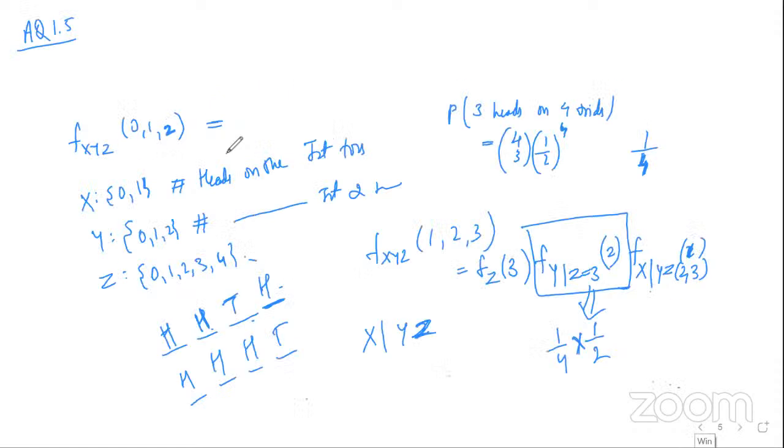I have a question on the way the problem was solved a little earlier. You started with fz of 3 and then fy conditional on z equal to 3, that being 2. Yeah. And then, why did we go in the opposite direction? Yeah. So if you have the joint probability f of xyz, you can write it as conditional times marginal.